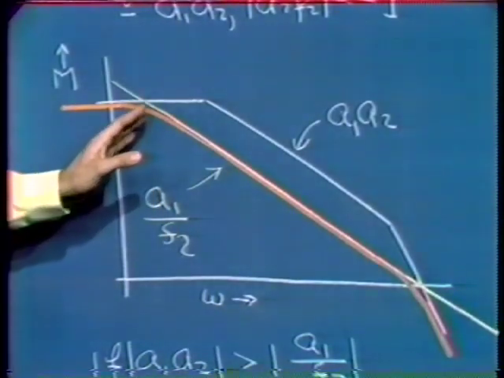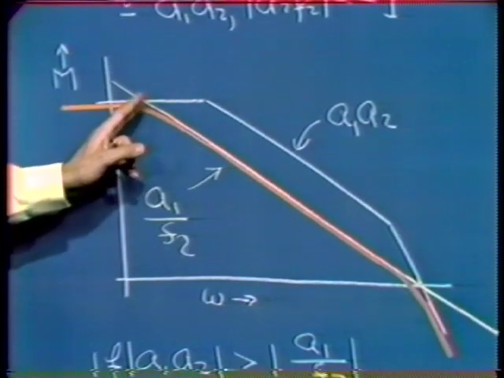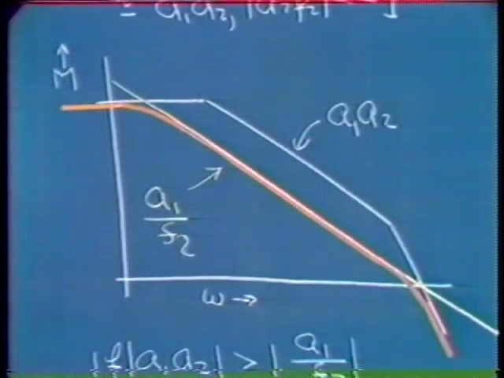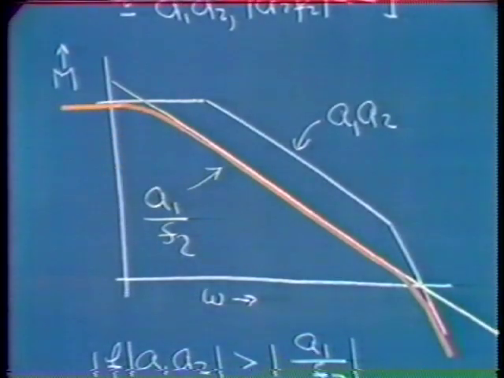So the only place we have to take any particular care is in the immediate vicinity where the magnitudes are equal. Other than that, we can just go ahead and approximate the forward path transfer function of our system as simply the lowest of the two curves.